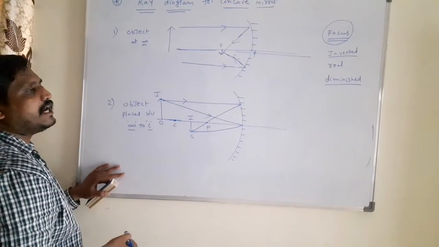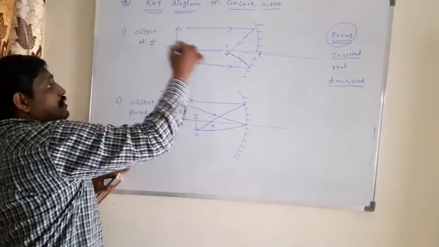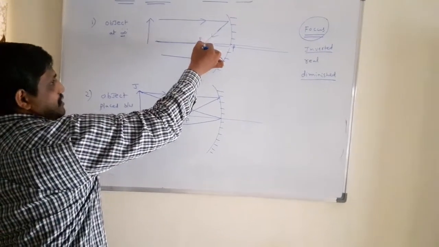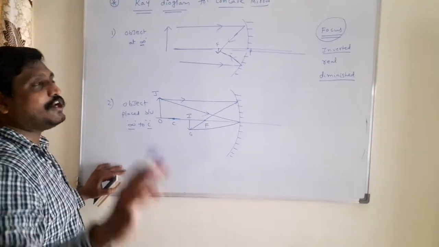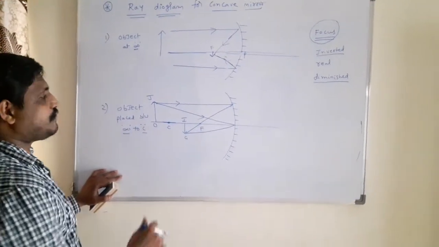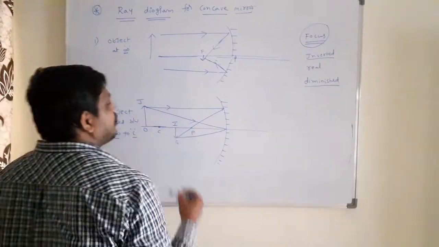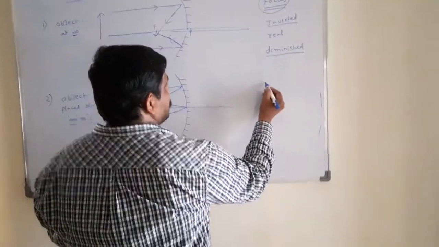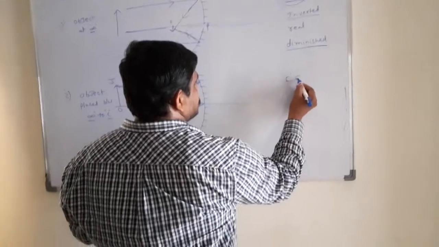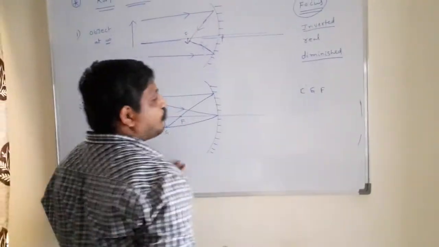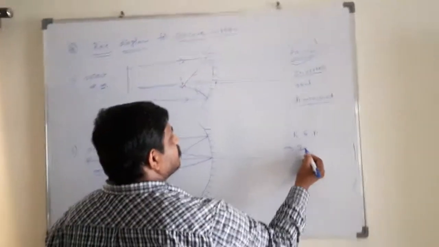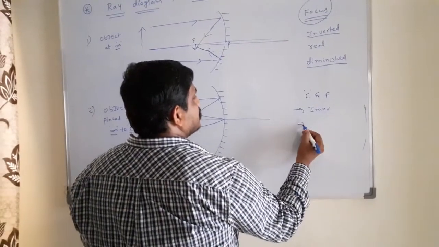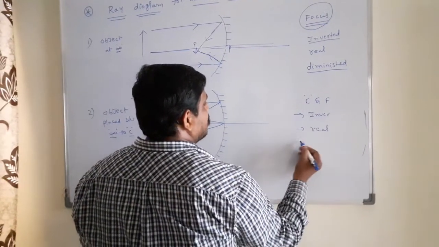Between C and F. With the object at infinity, the image is formed at focus. With the object between infinity and C, the final image is formed between C and principal focus. And this image is also inverted, and this image is also real.